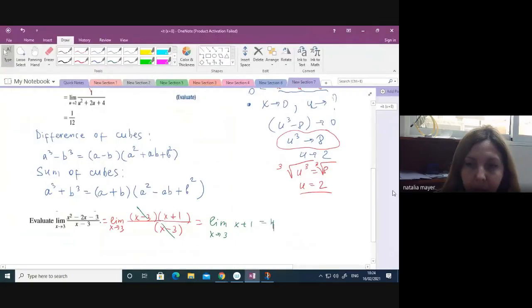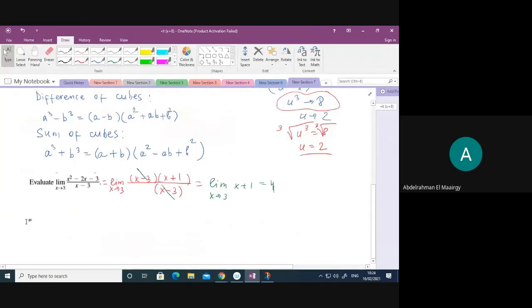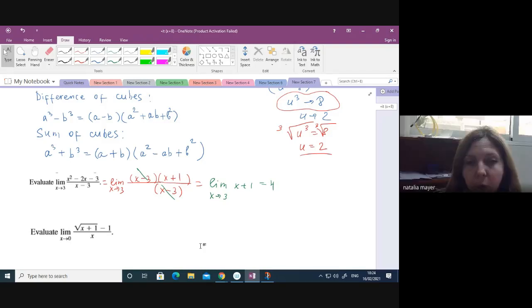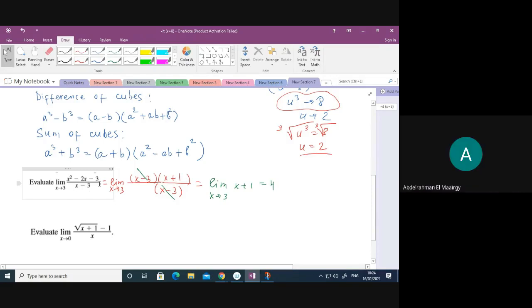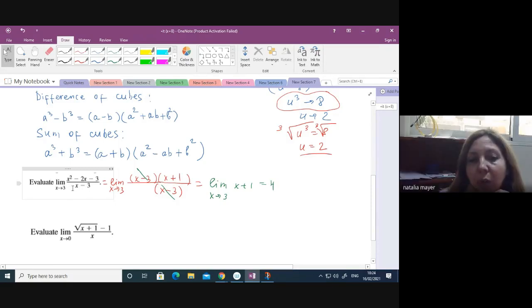Miss, in the first equation, if we substitute 3, isn't it going to be 0 over 0 and not 1 over 0? So it's not undefined, it's undetermined. It could be any limit. If we substitute x with 3, it's going to be 0 over 0.